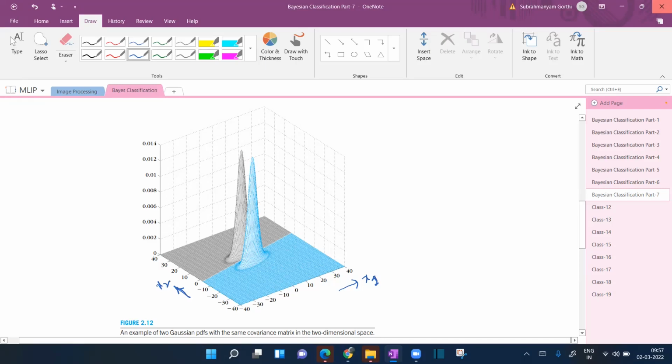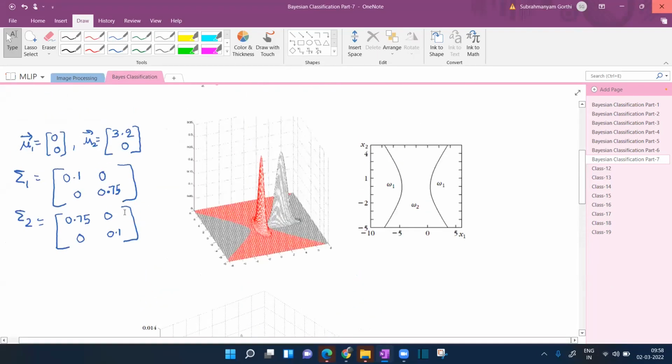But your variances are the same for both the classes, so it is just the same distribution displaced. When you do it graphically also, you could visualize that you have a decision plane which is linear.